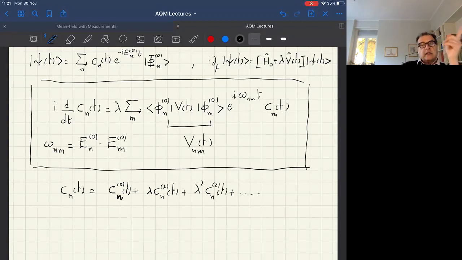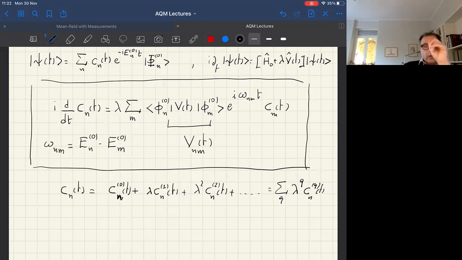So we just seek a solution in powers of lambda. So here we are just using perturbation theory.